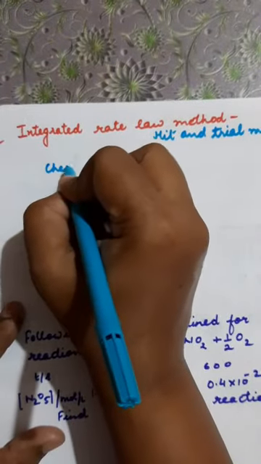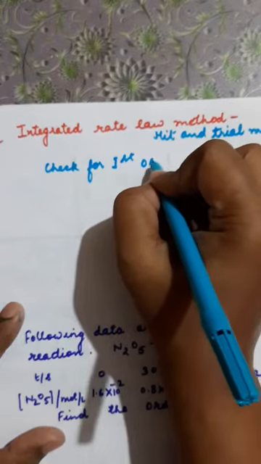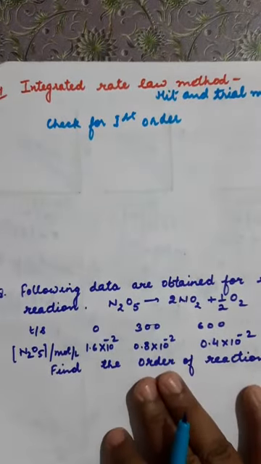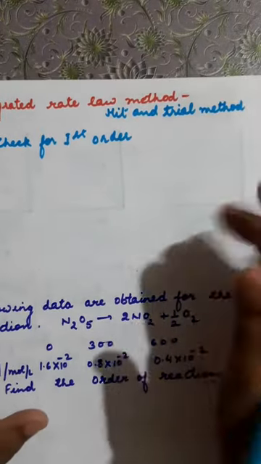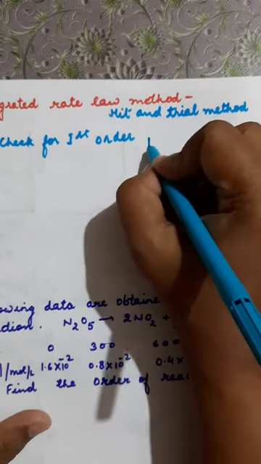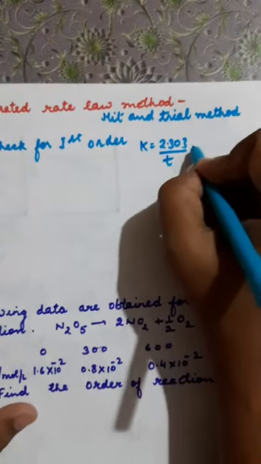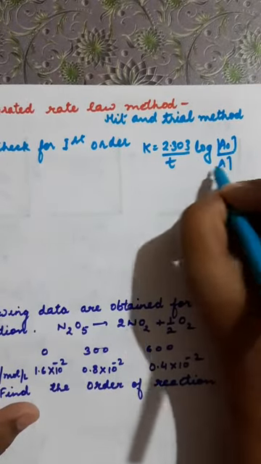First you have to check for a first order reaction. Why first order reaction? Because generally these first order reactions are asked, so you will not check for zero order. First you will put the data and check for first order. Now what is the integrated rate law expression for first order? k is equal to 2.303 upon t log A naught upon A. Clear?